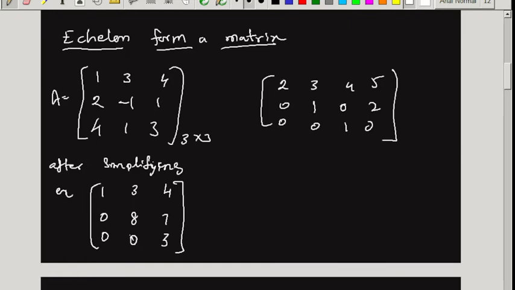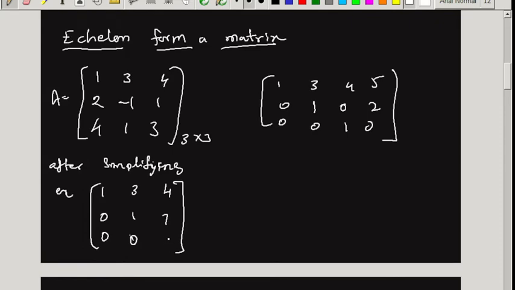So here if you write 2 as 1, it will be good. Similarly, 8 and 3 should be simplified and we must write them as 1 and 0. Some of the terms we can simplify and write.